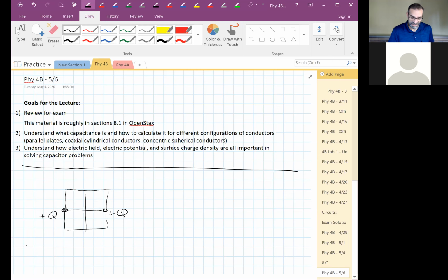It's all good stuff today. All right, so if our spacing here is D, we've got this grid, we've got these charges. What's the electric field at the center?